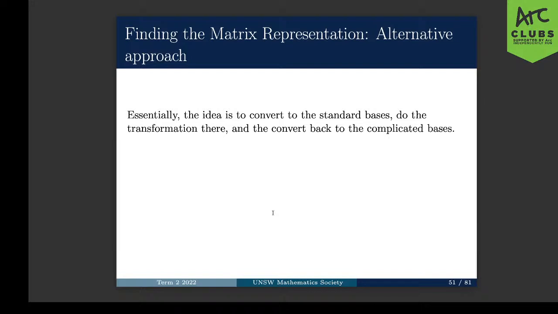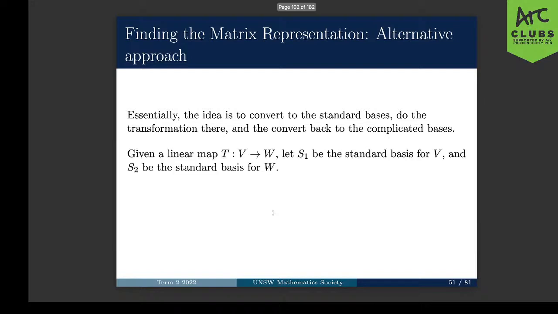And this is described by this triple matrix multiplication here. So let's say T is just from V to W, a linear map. Let's say S1 is the standard basis for V, and S2 is the standard basis for W. Then the matrix representation of T with B in the domain, C in the codomain, is equal to this big matrix product here. All this is saying is that we apply this one first.